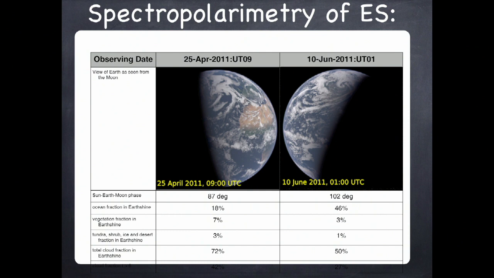This is the Atlantic side of the Earth, while this is the Pacific side. The Pacific side contains a much higher ocean fraction, while the cloud fraction in this part was higher than in this part. You also have some differences in the vegetated areas seen at this aspect. Here is Europe and Africa, while here is the Pacific, and it is still true that Europe and Africa hold some vegetated area, despite other claims.